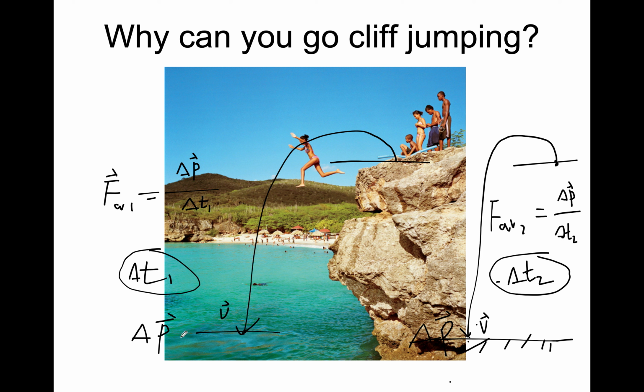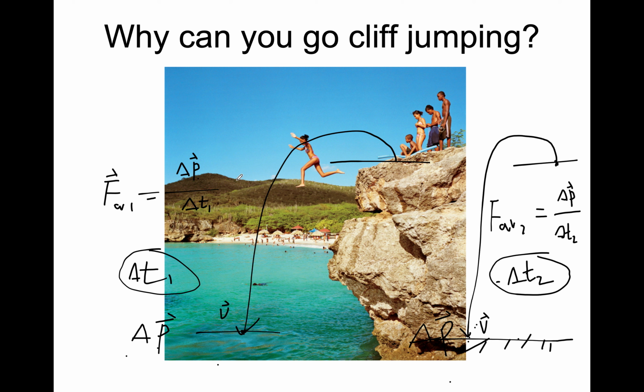So from our analysis, from the instant the object enters the water to coming to a complete stop, the change of momentum is the same as in the harder surface scenario. The time it takes for the object to come to a full stop is much larger in this scenario and smaller in this scenario.